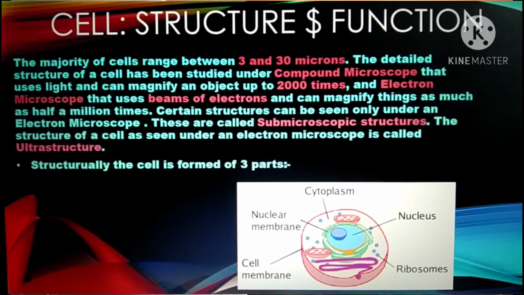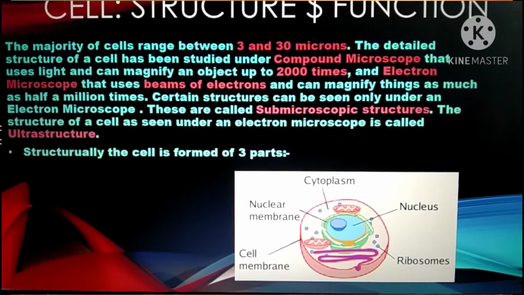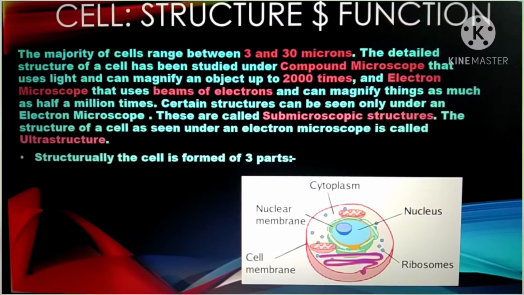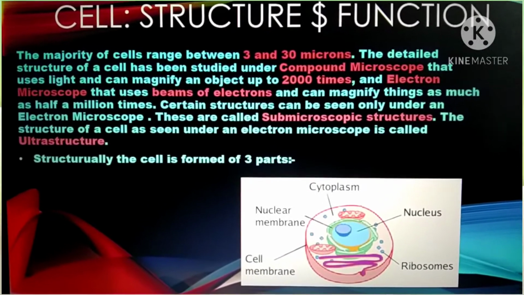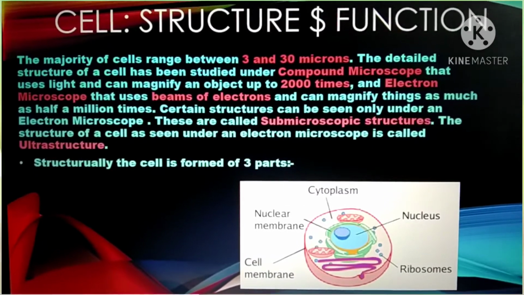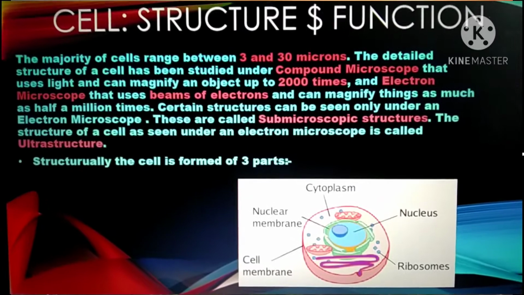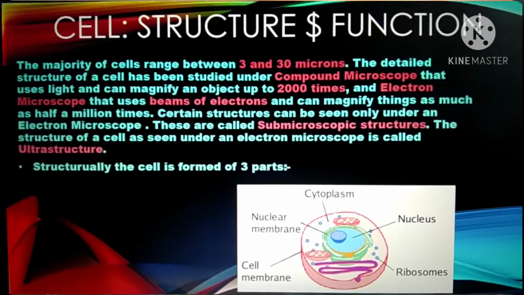The most important tool to examine a cell is the microscope. A compound microscope was generally used first; it uses light and can magnify an object up to 2000 times. Another is the electron microscope, which uses beams of electrons and can magnify things as much as 500,000 times.